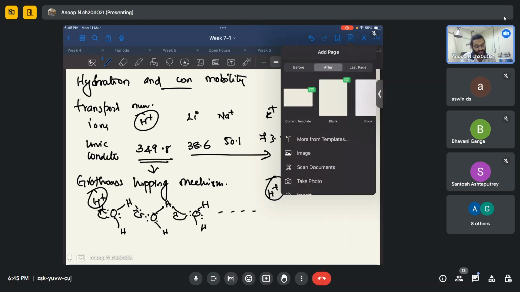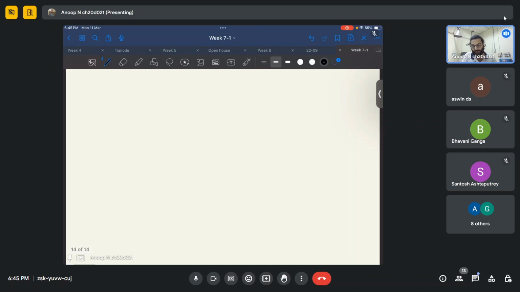When we consider the case of Li+, K+, etc., they are always surrounded by a hydration sphere. That is, they are surrounded by many water molecules. We can write Li(H2O)n. When we consider Li+, it has a high charge density, so the hydration sphere associated with it is larger.